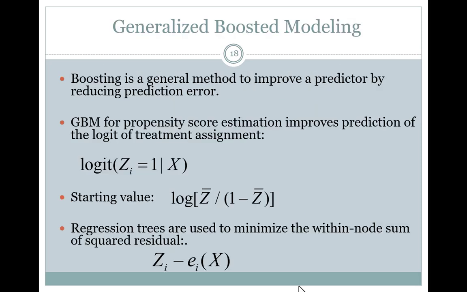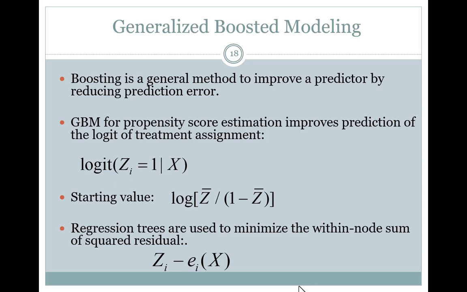Generalized boosting models also use trees, but with a different idea. Here you're trying to minimize error, and in this case, because the error is continuous, you're actually using regression trees. So it's an ensemble of regression trees instead of an ensemble of classification trees.